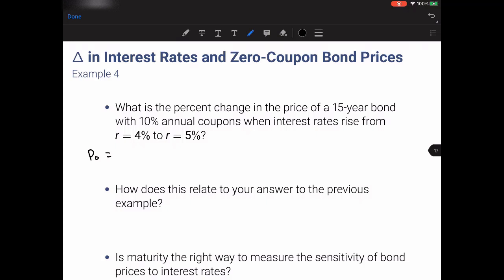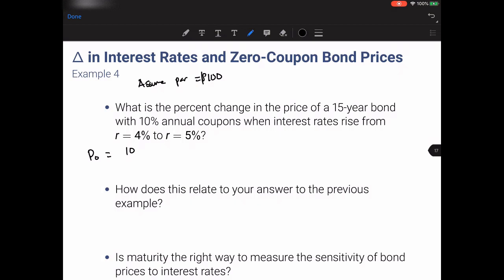Let's assume the par or face value of the bond is $100. 10% of 100 is $10, so we assume there are $10 payments every year up until the last year. So let's calculate the annuity part of these annual coupon payments of $10.